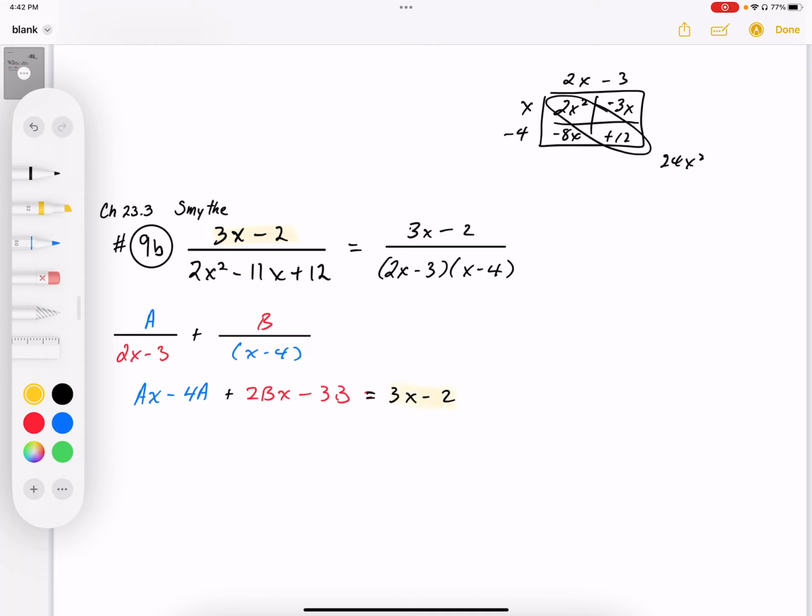Okay, so then we're just going to equate the coefficients here. So I end up with A plus 2B. That's going to be the coefficient on my x. That's going to match our 3 that we have here. Okay, so I'm going to put that maybe in blue brackets.